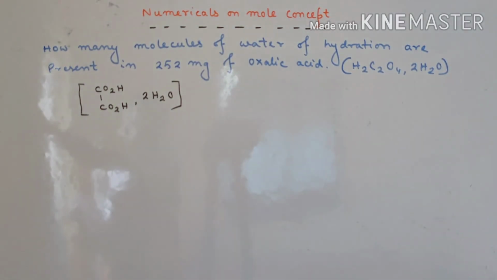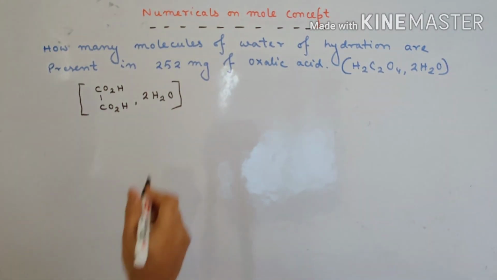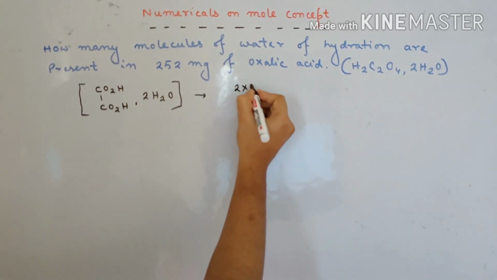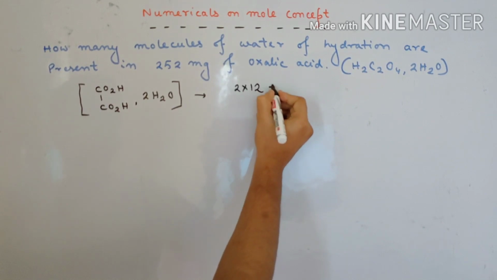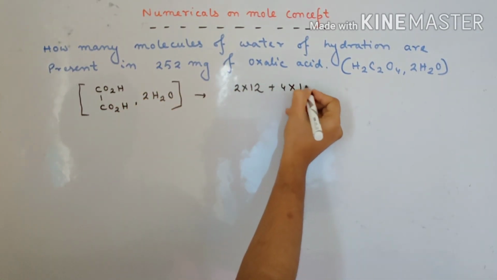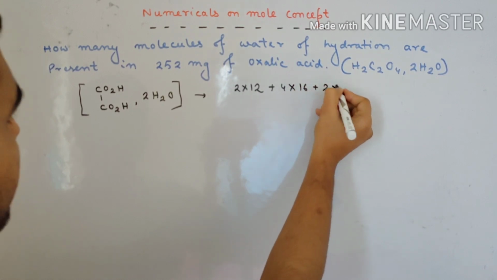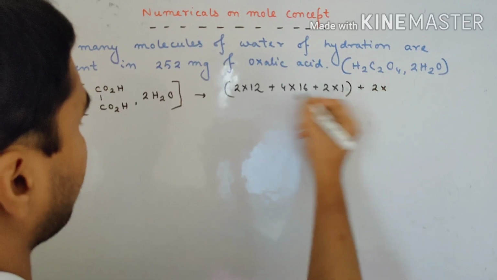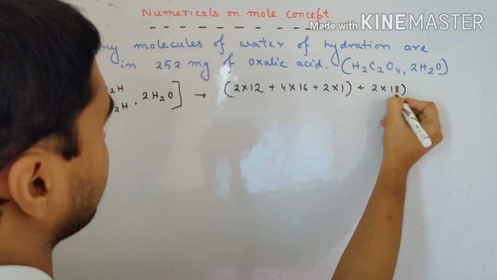Having said that, in order to calculate its molecular mass, it should be 2 into 12 plus 4 into 16 plus 2 into 1 plus 2 into water, as we already know, it is 18.